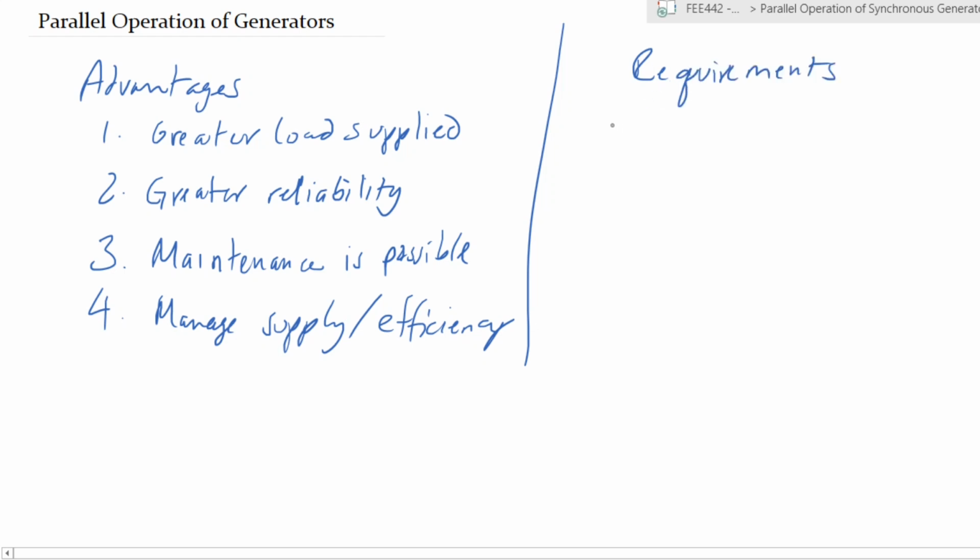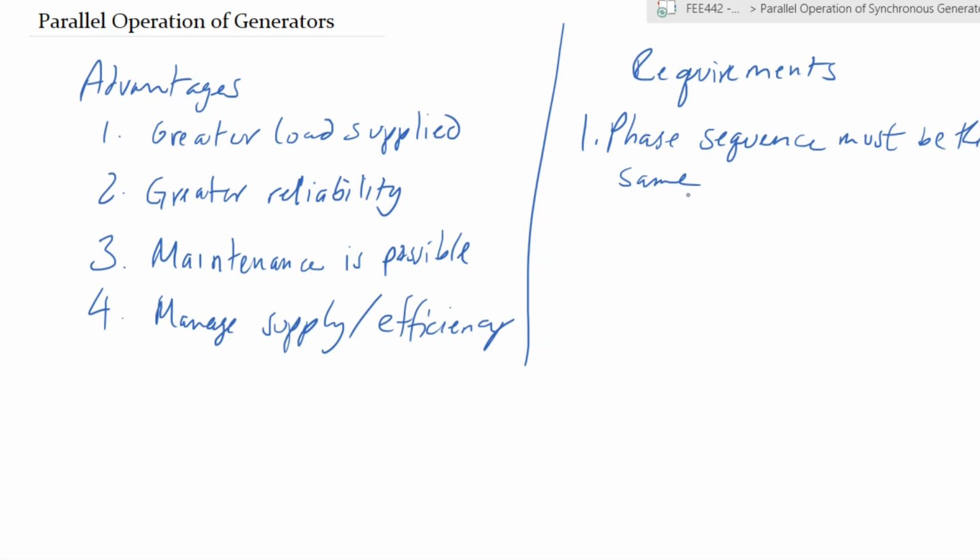There are a number of requirements in order to have your generators running together, connected to the same load in parallel with each other. Firstly, the phase sequence must be the same. Phase sequence means the order in which the red, yellow, and blue phases reach their peaks must be the same for the system that you're connecting to and for the generator that you wish to connect to that system.